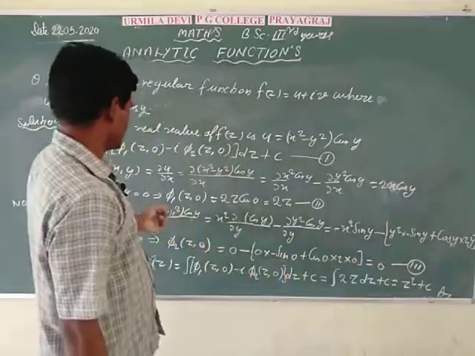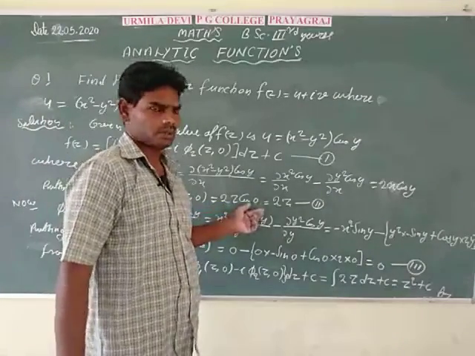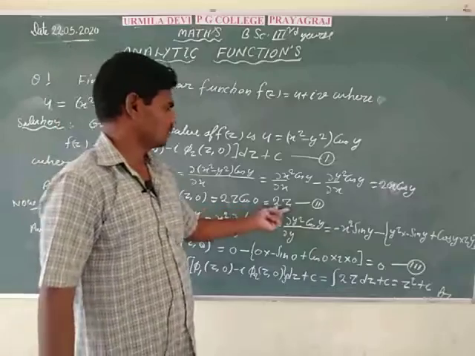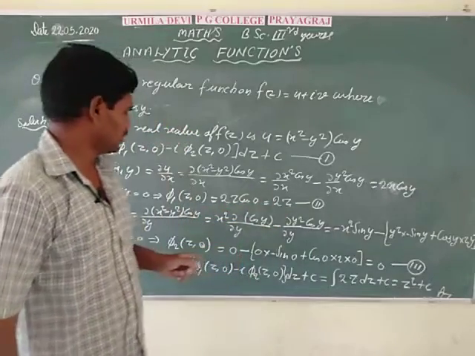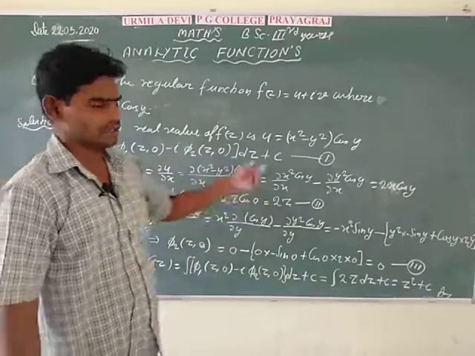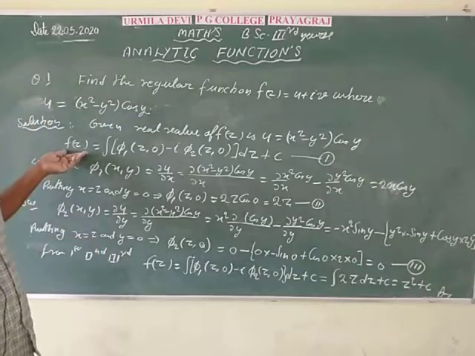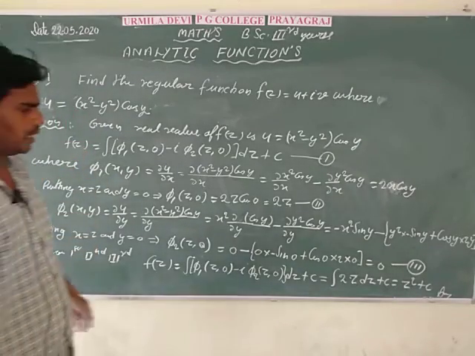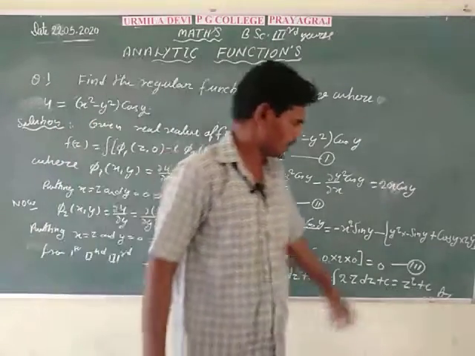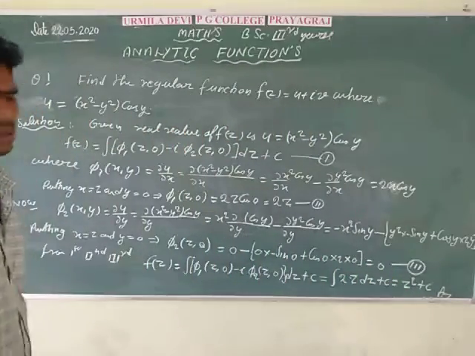Putting x equal to z and y equal to 0, φ1 is equal to 2z. So putting the values of φ1 and φ2 from equations second and third in equation first, the complete function f(z) by the Milne-Thomson method is f(z) = z² + c. That is okay, and the question is solved.